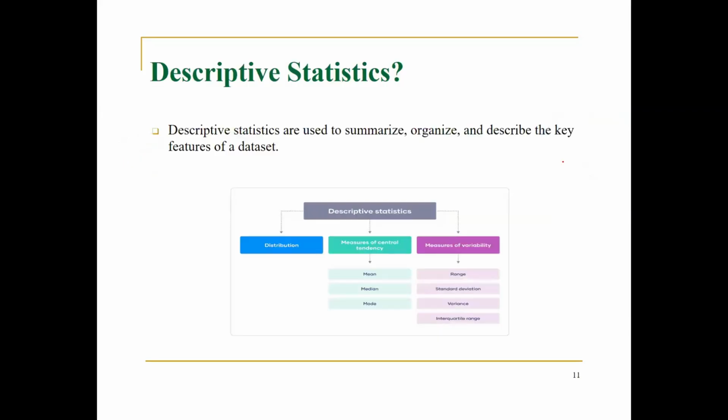First, we will focus on descriptive statistics. Descriptive statistics are used to summarize, organize, and describe key features of a data set. So what are these key features? The key features are measures of central tendency and measures of variability.